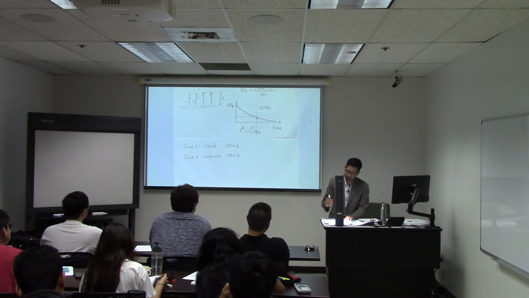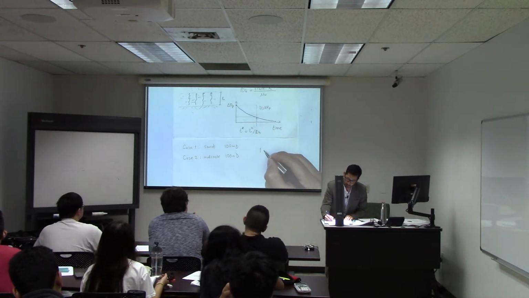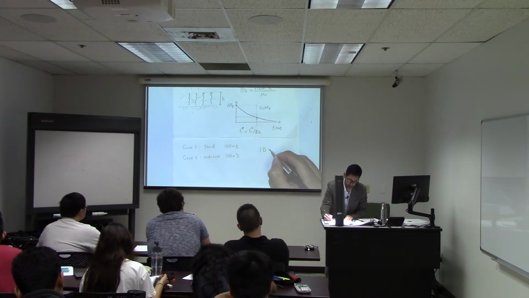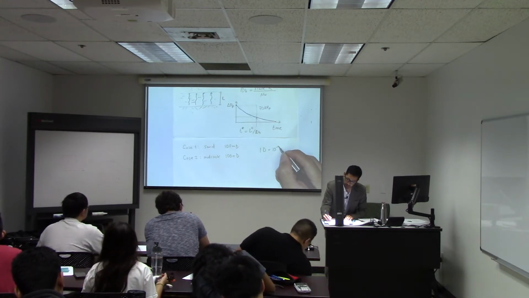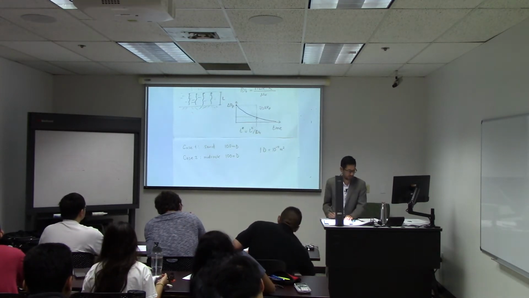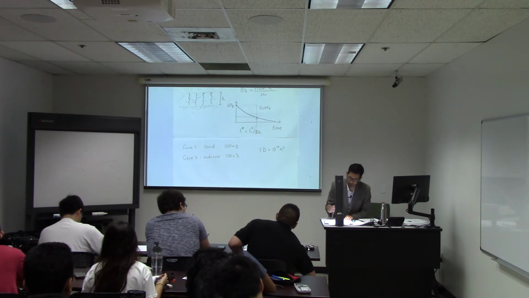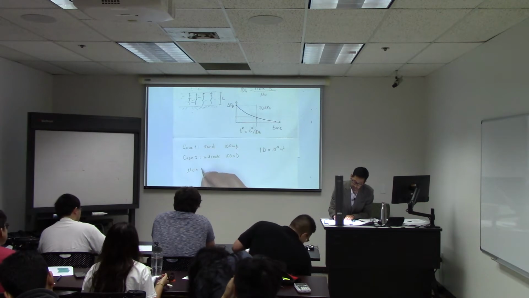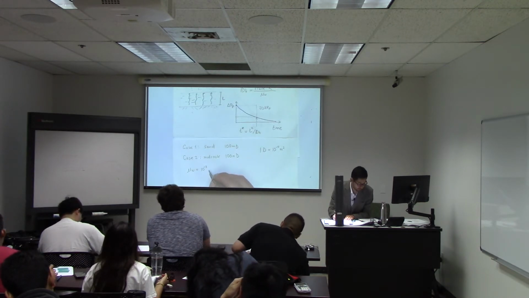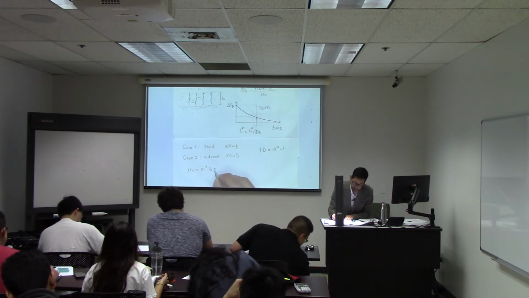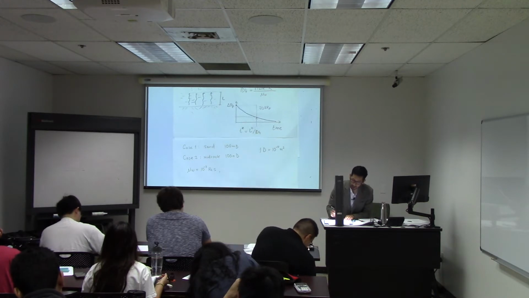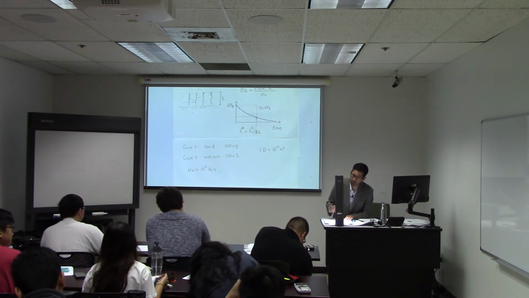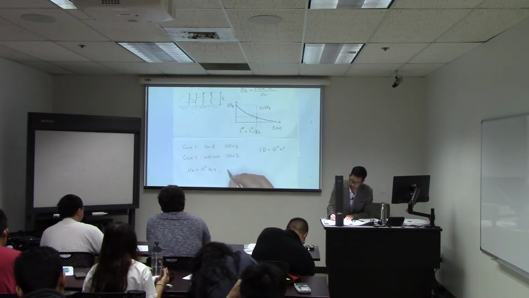To help you with these calculations, I'm going to remind you that 1 darcy is 10 to the minus 12 meters squared. And I'm also going to tell you that the viscosity of water is 10 to the minus 3 Pascal-second. And we're going to assume that the compressibility of the rock is about the same.